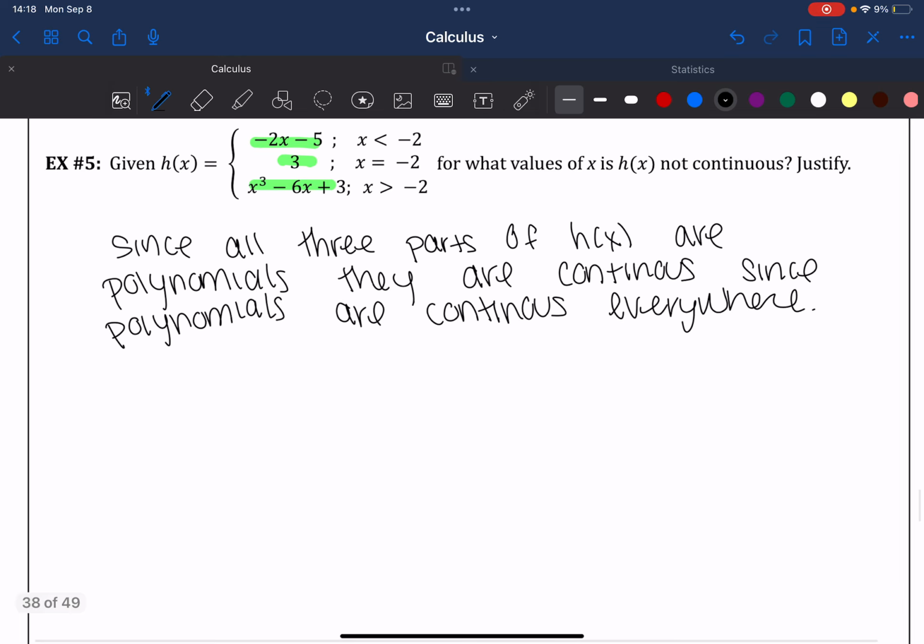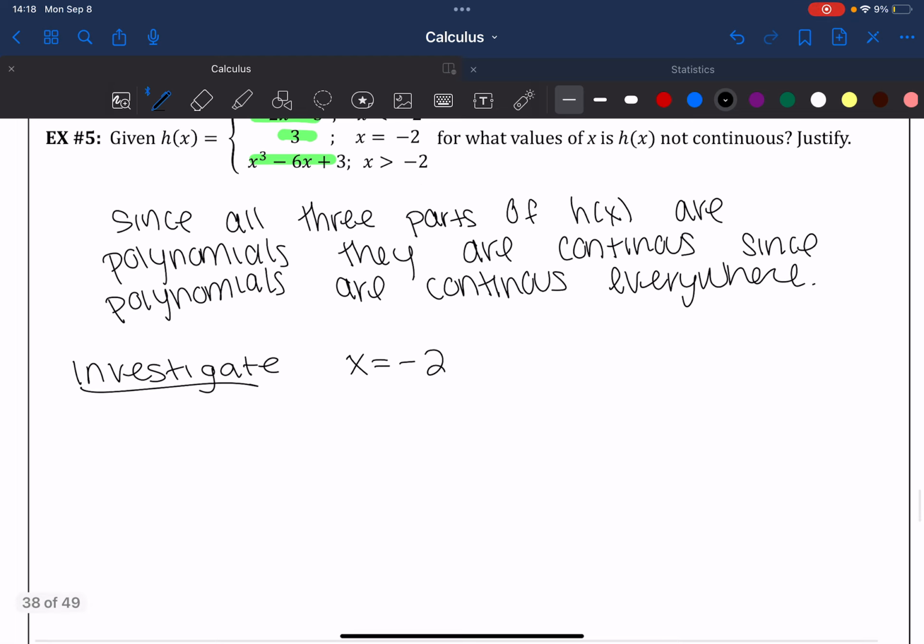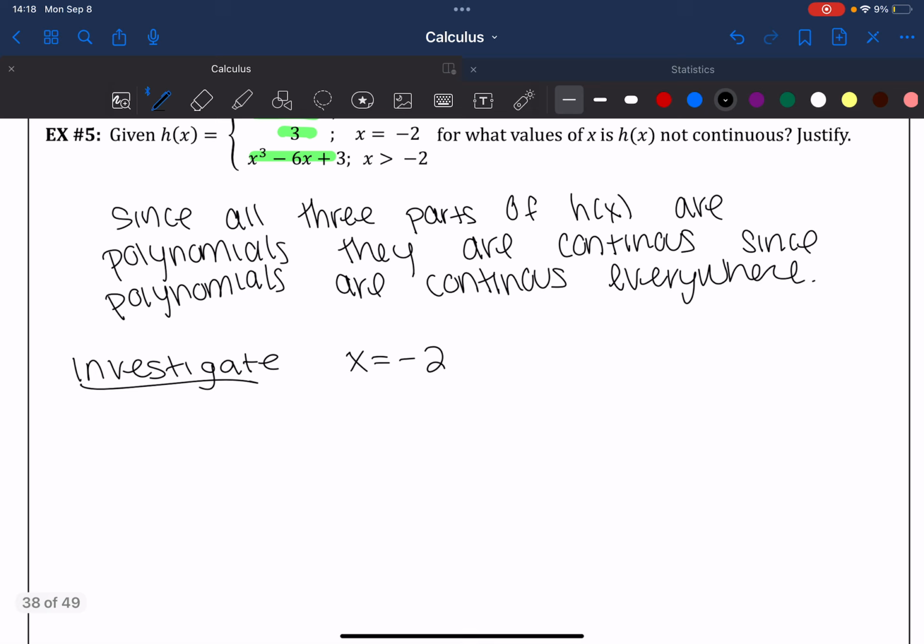Well, let's prove this by investigating. And what we're going to investigate is the behavior at x equals negative 2, because that's in the domain. So I'm going to do that by looking at the limits. I have the limit as x approaches negative 2 from the left, and the limit as x approaches negative 2 from the right.